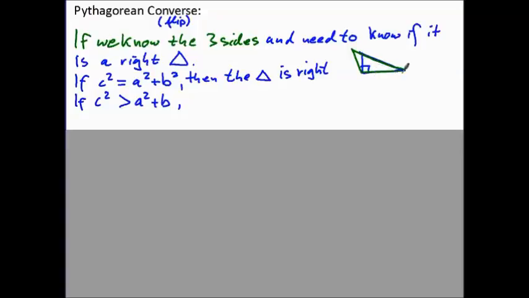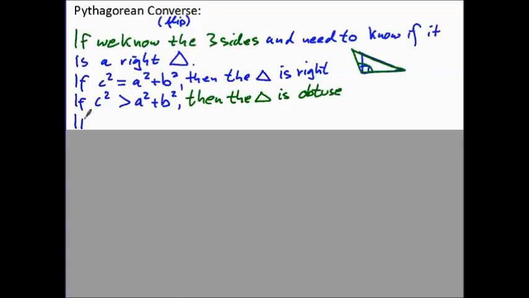And a right angle is no longer a right angle. It now actually happens to be an obtuse angle. Well, then that's the answer. If c squared is greater than a squared plus b squared, and I just saw that there's a square missing, then the triangle is obtuse.